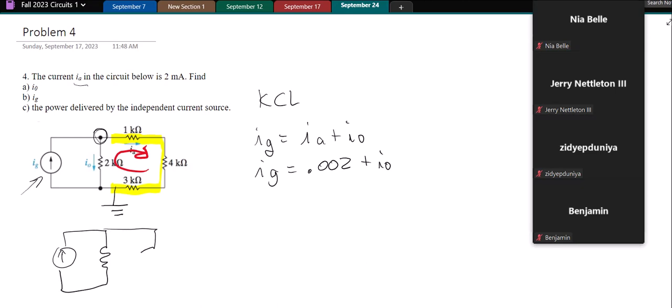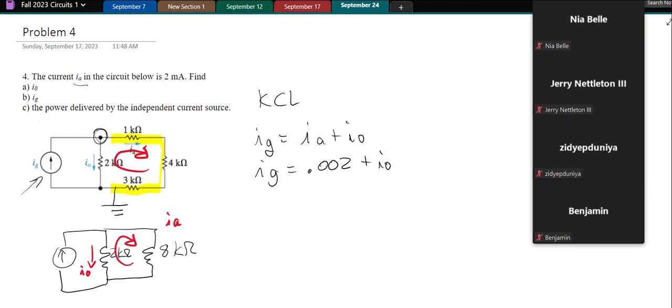So these three are in series, and I will go back and do this yet another way after we do this one. So this is 8 kiloohms and 2 kiloohms. So that will make this one easier. I'd get the same result if I didn't do that. But now going around this loop, I have I0 here, and I have IA here.